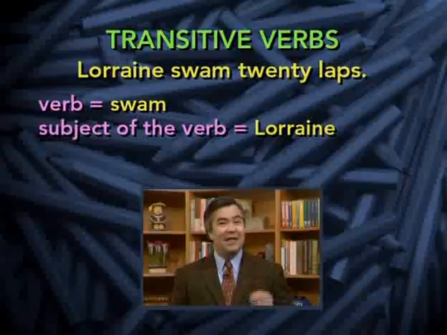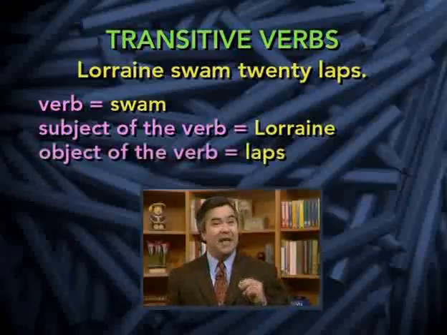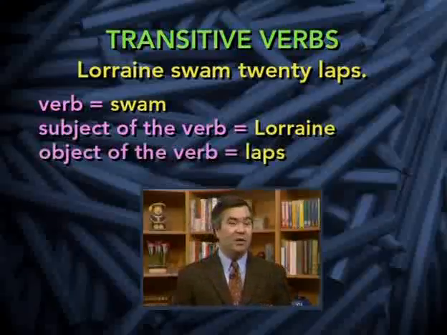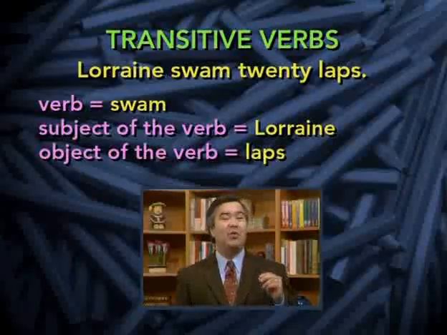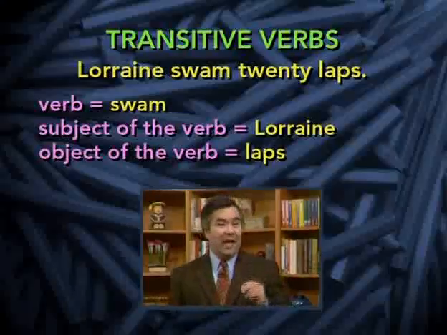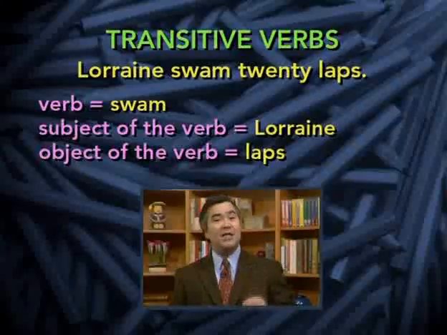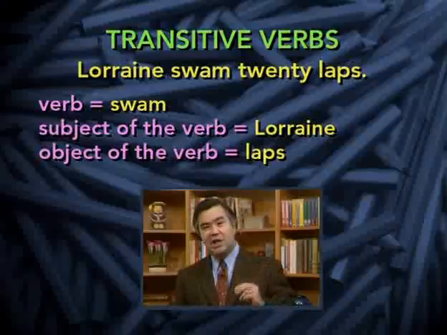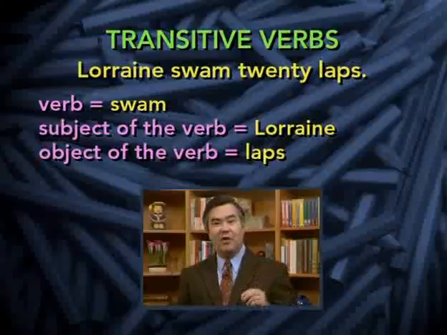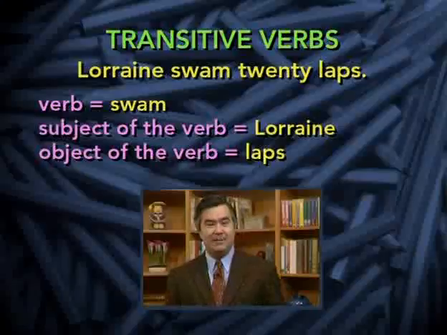The answer is laps. Laps is a noun which receives the action of the verb swam. It tells us what Lorraine swam. So laps is the object of the verb swam, and therefore, in this sentence, swam is a transitive verb, because only a transitive verb expresses action that passes from the subject of the verb to an object.